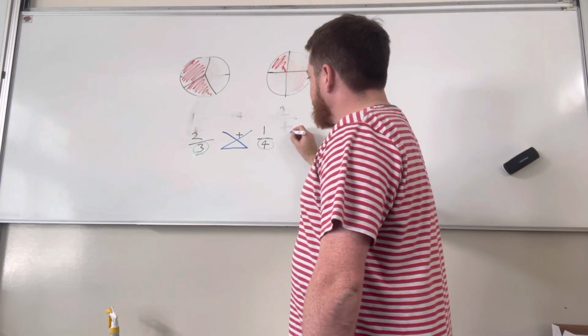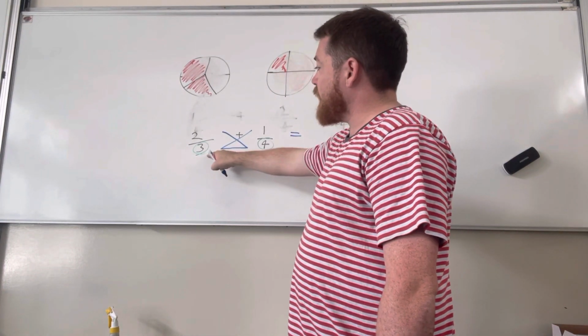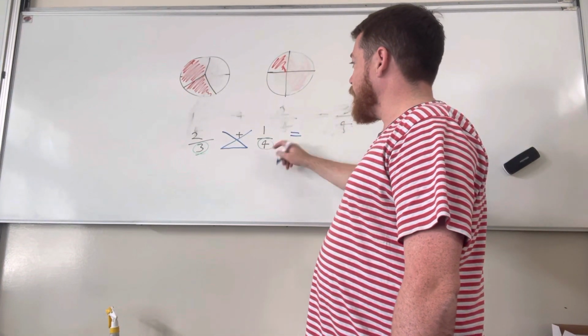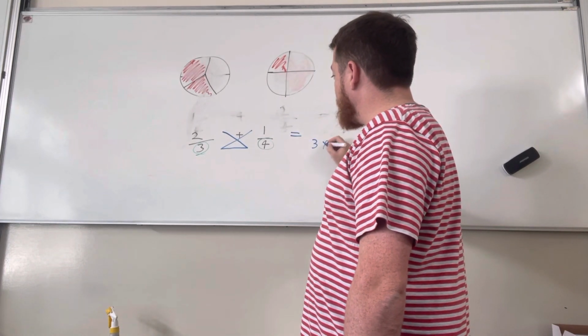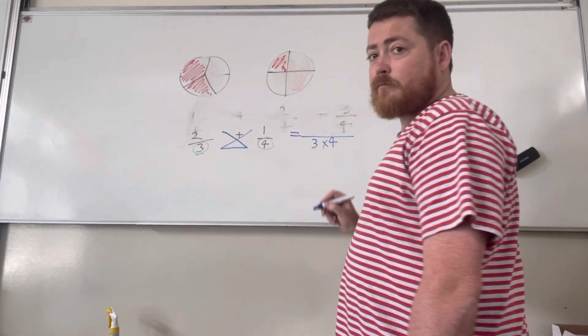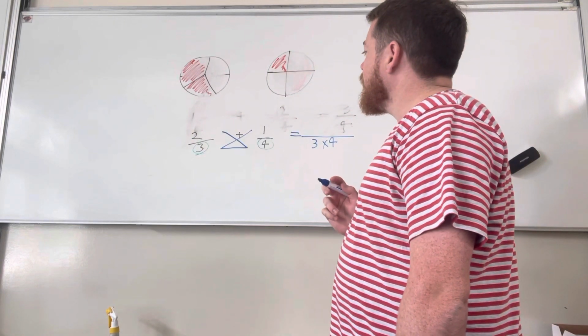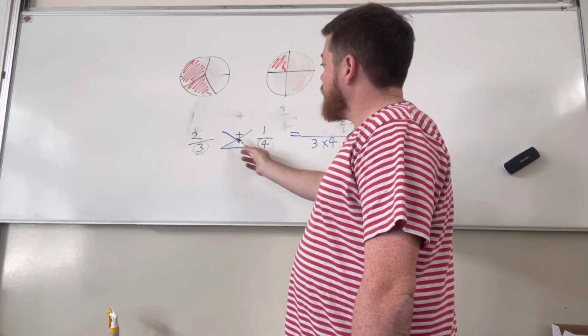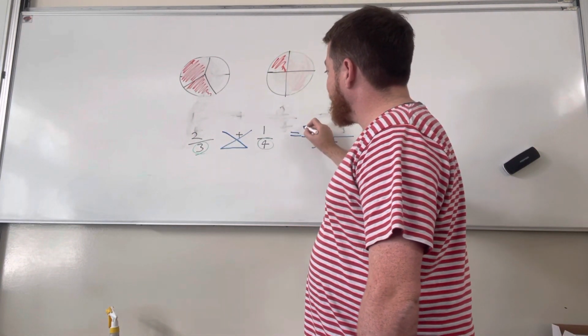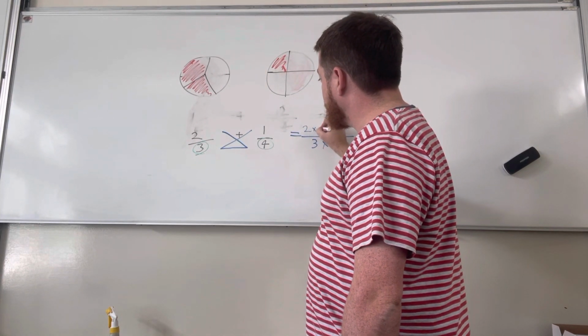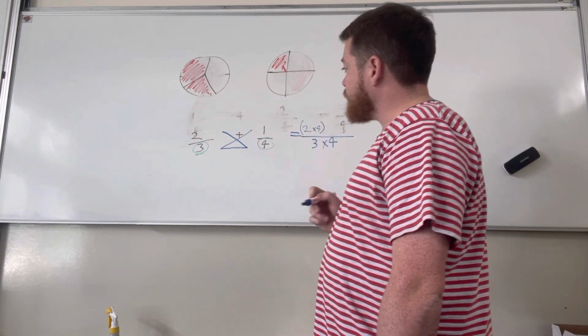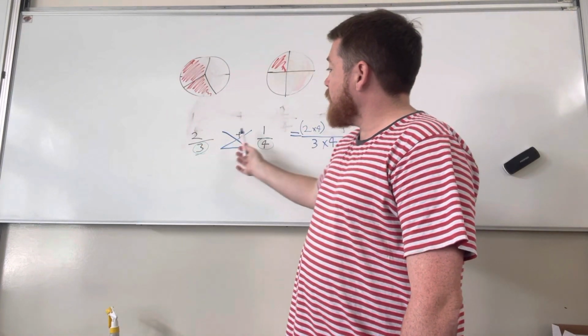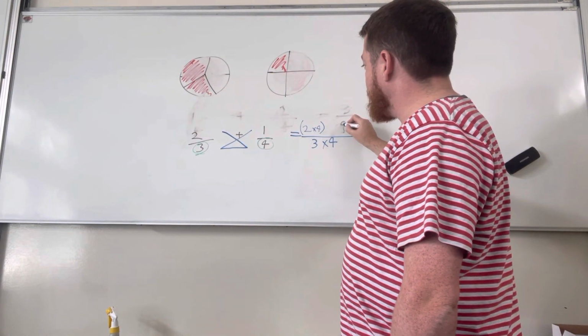So let's try this. This bottom line here, as I said, is 3 multiplied by 4. Now this is going to go directly on the bottom. Okay? This line here, 2 multiplied by 4, we're going to put that guy on the top, and we're going to put that in brackets. 3 multiplied by 1, once again, goes on the top.